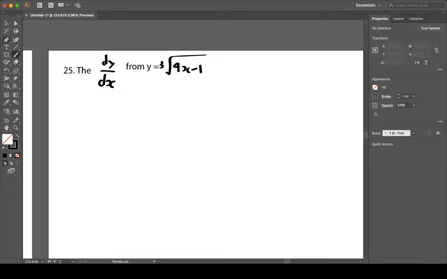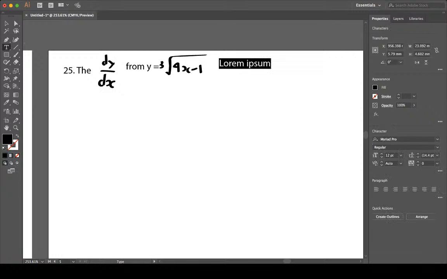Let me write that. So how do you solve this problem? You might think it's hard, man, I cannot do this. But to find dy over dx, which is basically the derivative of this function, it is pretty simple.